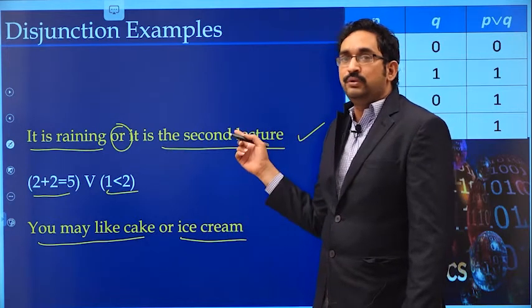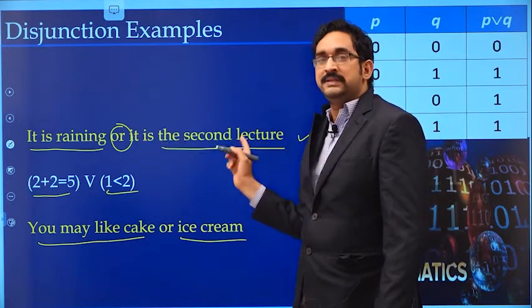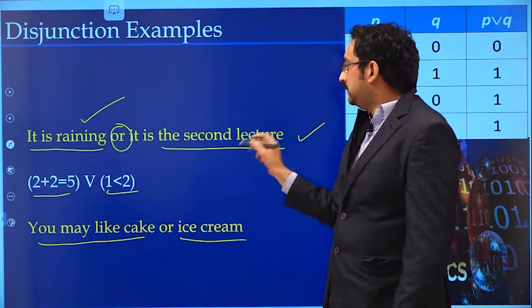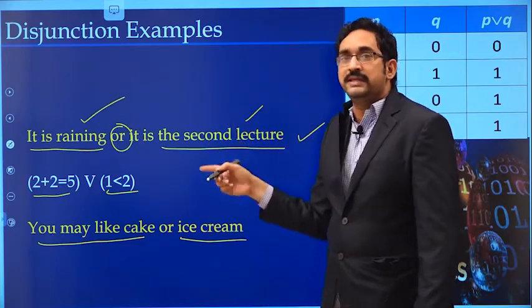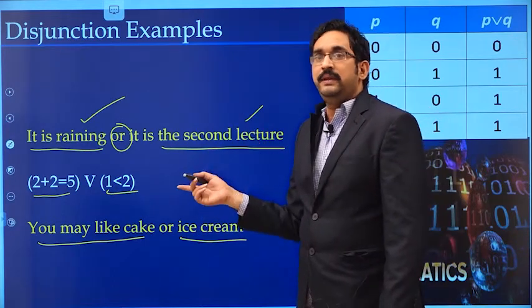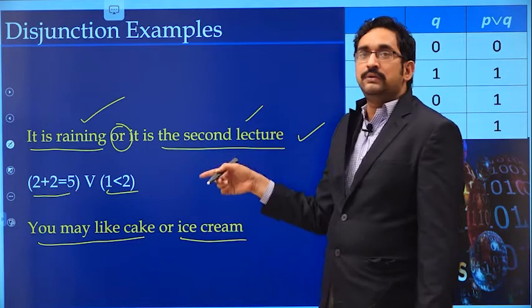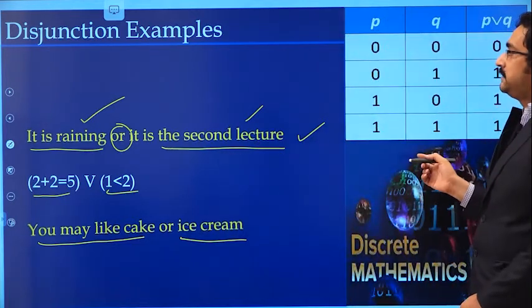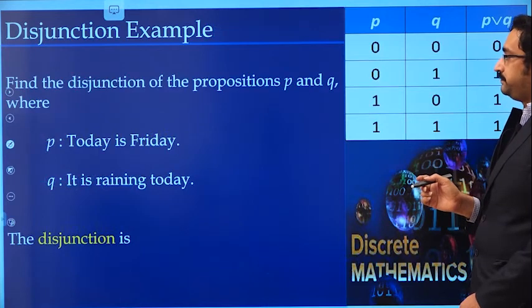So it will be true if at least one of the propositions is true. Either it is raining should be true or this should be true. If at least one is true, then it will be true. If both are false, then only it will be false. So these are examples for disjunction.